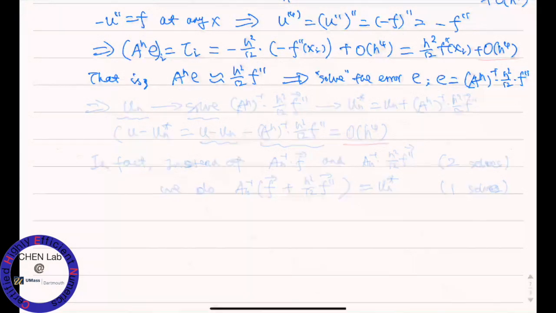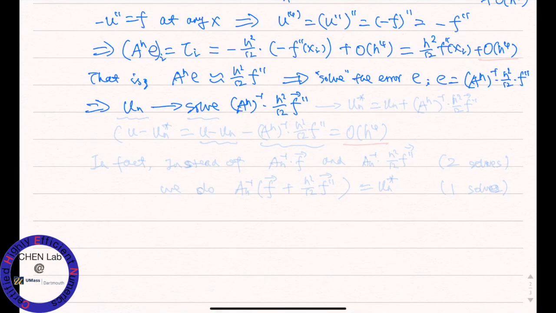So that means once you have a uh, you can update. So you have uh, and then we solve Ah inverse times h squared over 12 f double prime, this vector f double prime evaluated at x1, x2 all the way to xm.